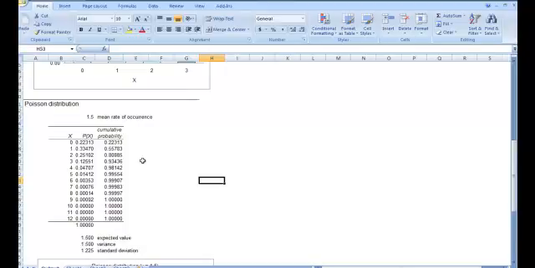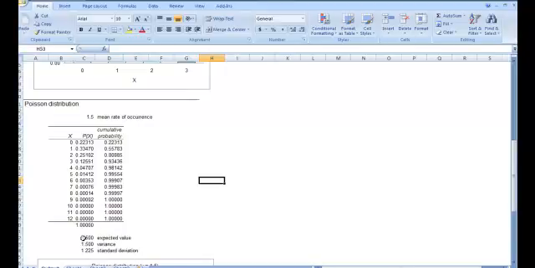Well, the probability of at most 3 errors would be the probability of 0, plus the probability of 1, plus the probability of 2, plus the probability of 3, which is what this number represents. 0.9436 is the cumulative probability of no errors, plus the probability of 1 error, plus the probability of 2 errors, plus the probability of 3 errors.